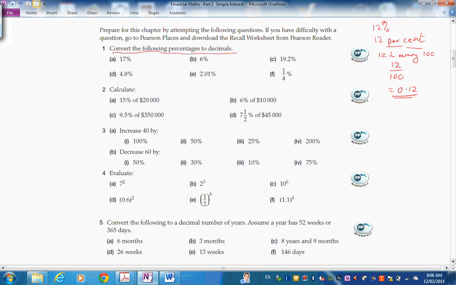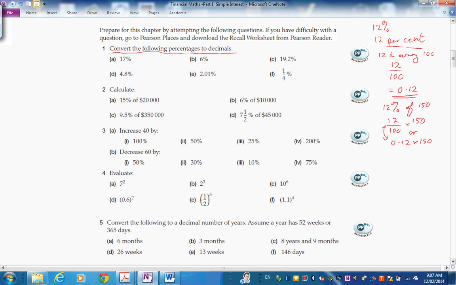So if you want to find 12% of, what can we do? Maybe 150. We want 12% of 150. You can multiply 150 by 12 over 100, or you could simply convert it to a decimal and do that on the calculator. Either way, these are the same, aren't they?